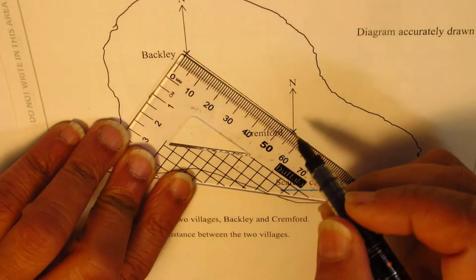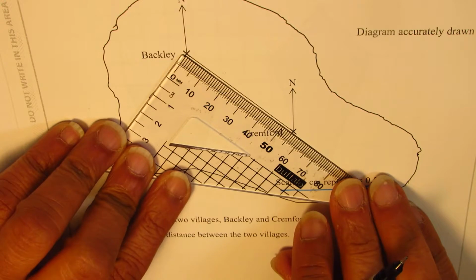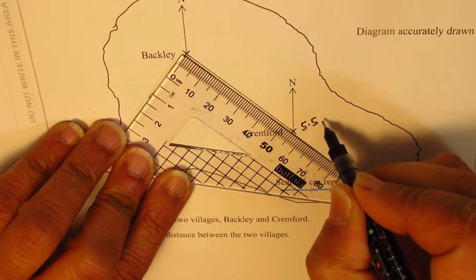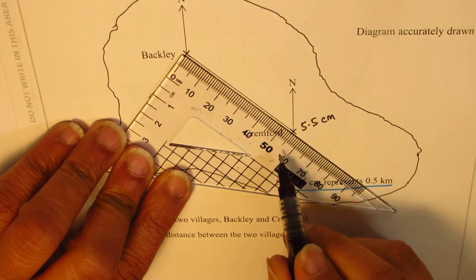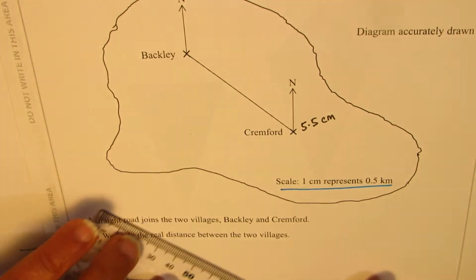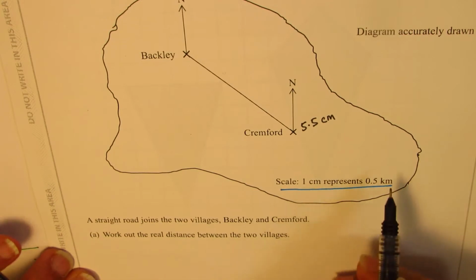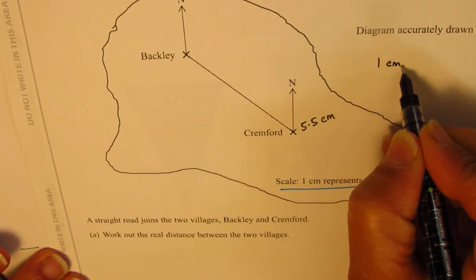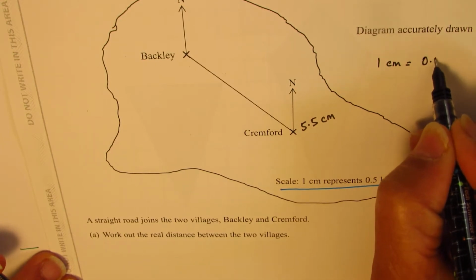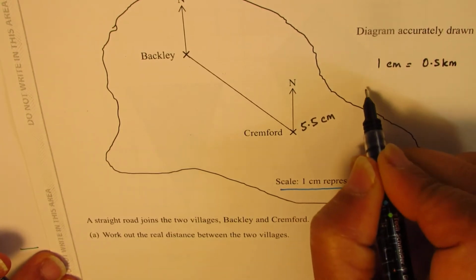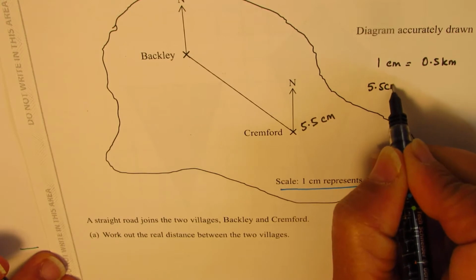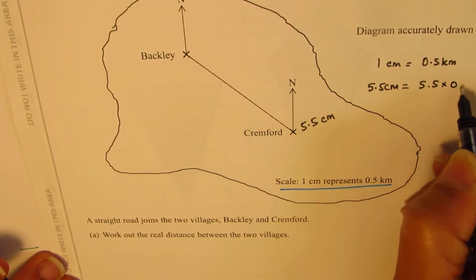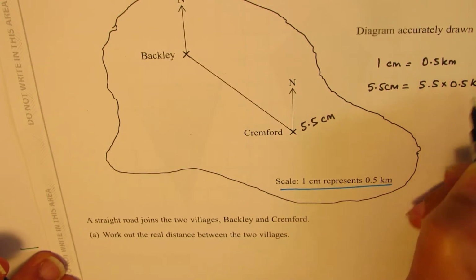So that gives us, from here on my scale, 5.5 centimeters, correct? So that is what it is. Now, we know 1 centimeter is equal to 0.5 kilometers. So 5.5 centimeters will be equal to 5.5 times 0.5 kilometers, correct?